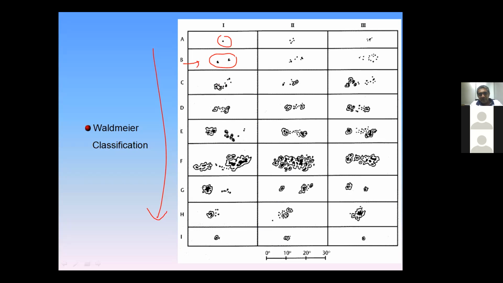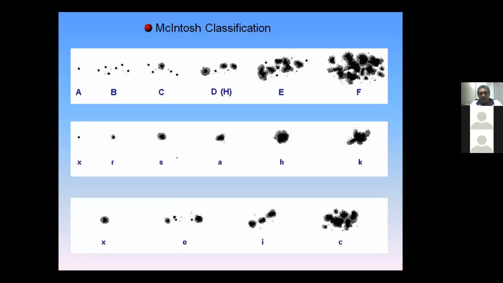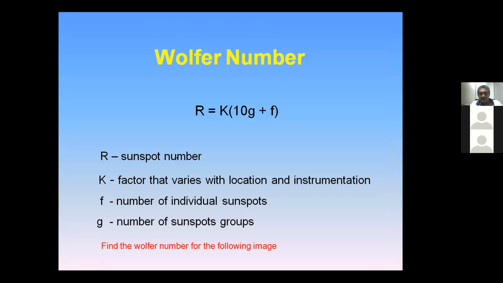And we have a complex one with a set of umbral dots, and here there are penumbral parts also. So that is going to be C, and then D, E, like that. These are very complex groups like F, right? So like that we can assign a group to a sunspot in a solar disk. There's another classification called the McIntosh classification. This is almost similar to that. You can find these things on the internet.